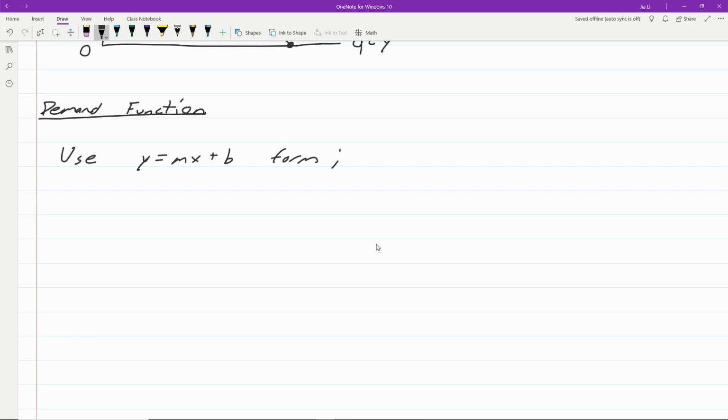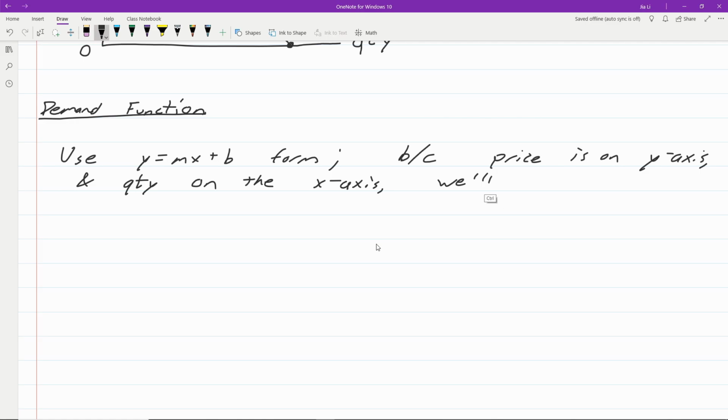But because the price of the item is on the y-axis and quantity on the x-axis, we'll just substitute, whoops, that's how you spell substitute, P for price for y and QD, big Q little d, for quantity demanded.